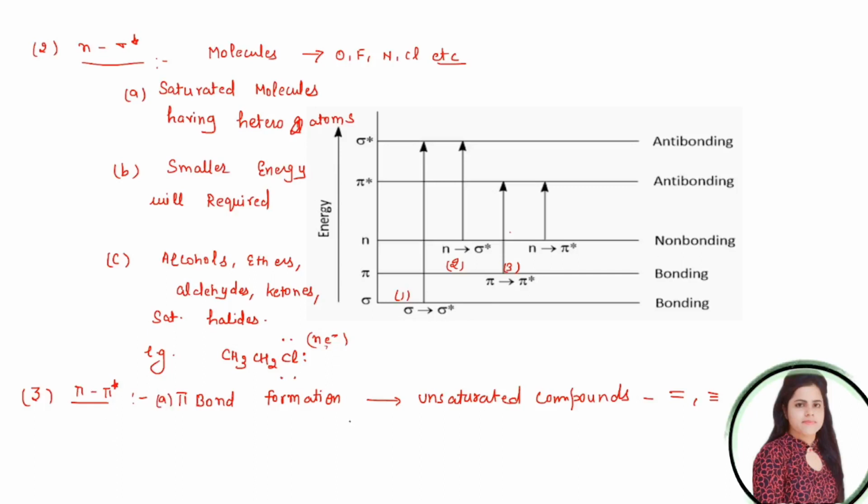This is your first point, what kind of compounds show this transition. Now if you take alkene, alkyne, they can show this kind of transition. And if you again compare the energy gap, the energy gap will be even less than these two previous transitions. Here also it requires less energy than the previous transitions, sigma to sigma star and n to sigma star, right?